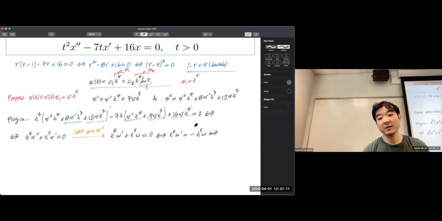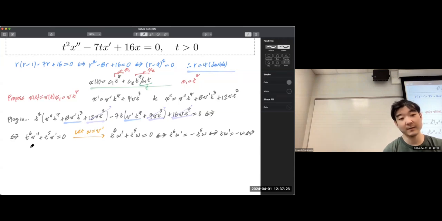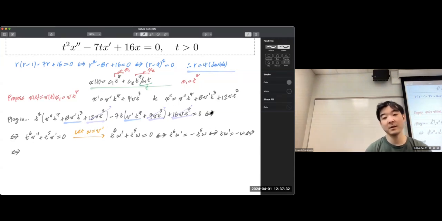So I'll just divide both sides by t to the 5. So it'll just become t w prime is equal to negative w. And we're okay with dividing by that t to the 5 because I'm looking at only when t is greater than 0, so we're not dividing by 0.